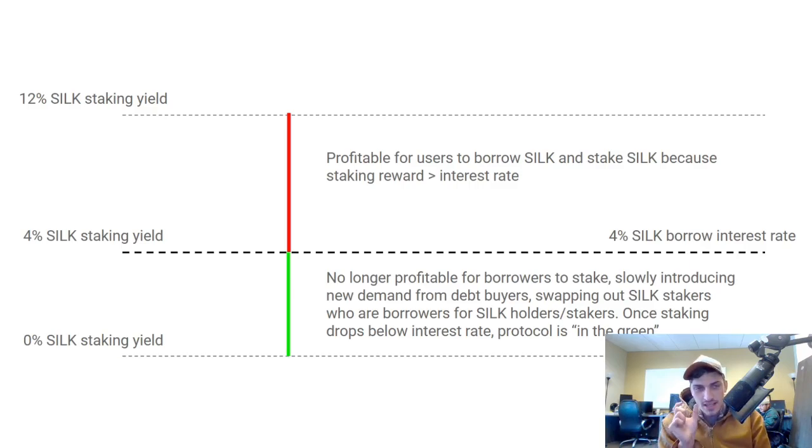And that 1% gap between the Silk staker and the borrower is ultimately our profit margin. MakerDAO and a lot of CDP style stablecoins have done this type of staking setup where as long as the APY for your staking is below your borrowing rate, the protocol is actually net profitable.